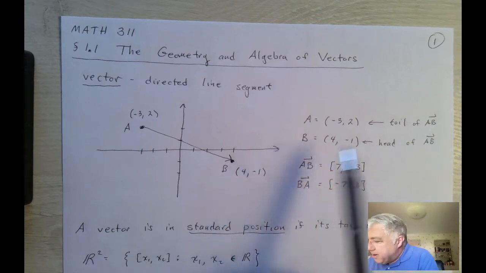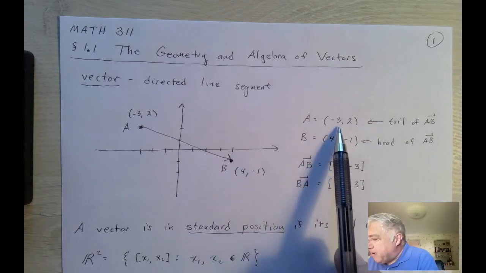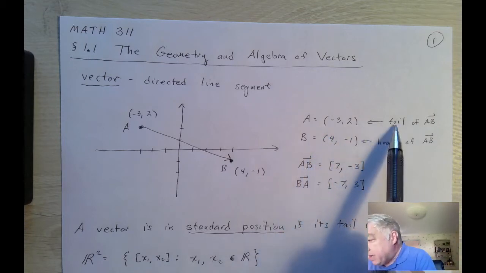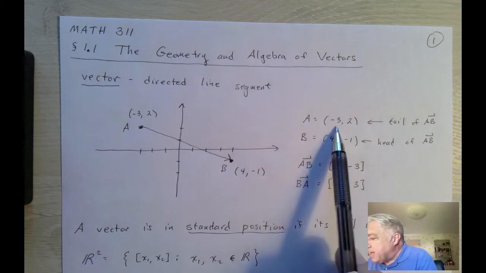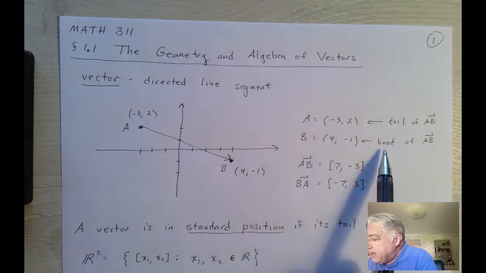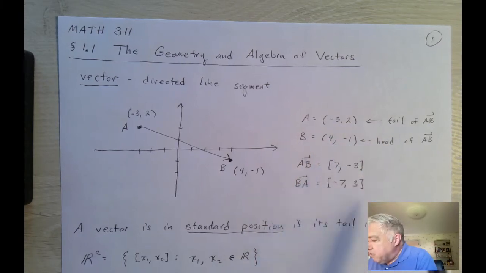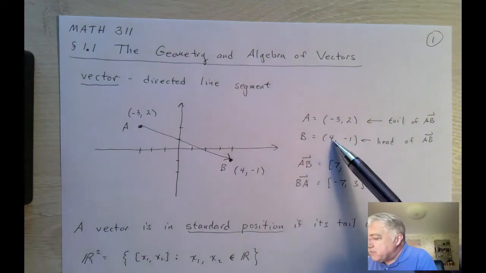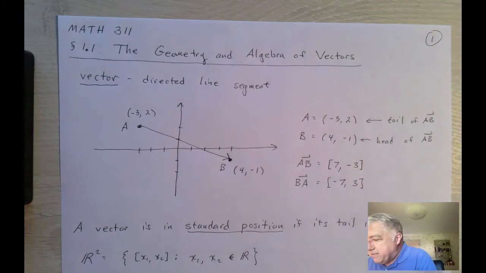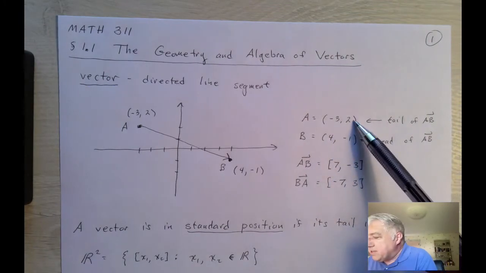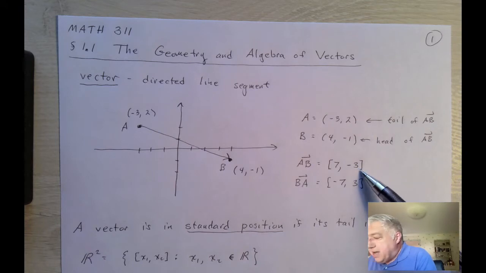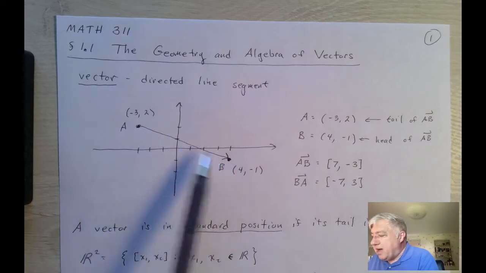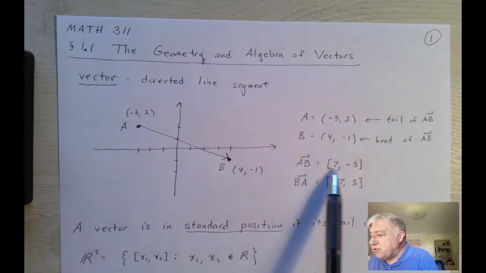So if the initial point, the tail, is (-3, 2), and the terminal point, the head, is (4, -1), we can subtract the x coordinates, 4 minus -3, and that's 7, and -1 minus 2 is -3, right?